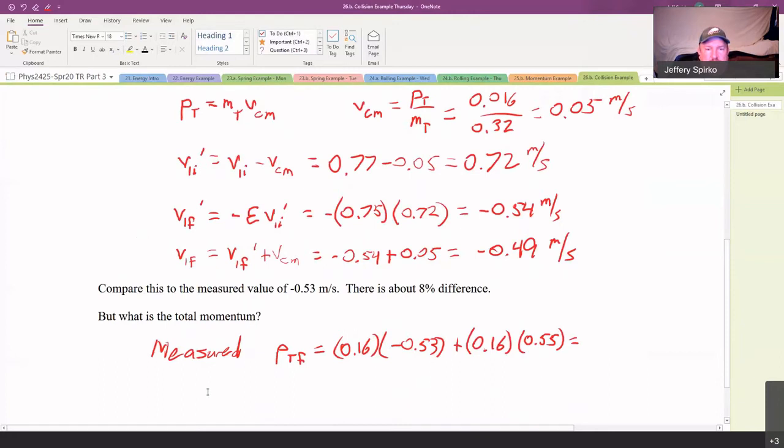So 0.16 times minus 0.53 plus 0.16 times 0.55 is 0.0032 kilogram meters per second.